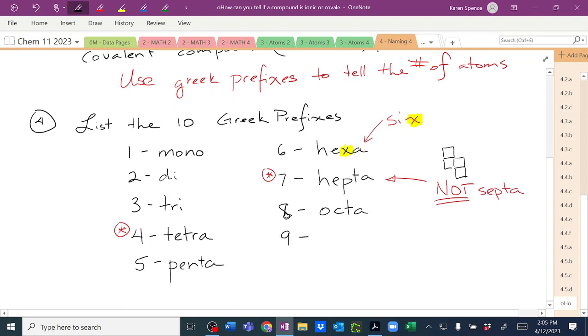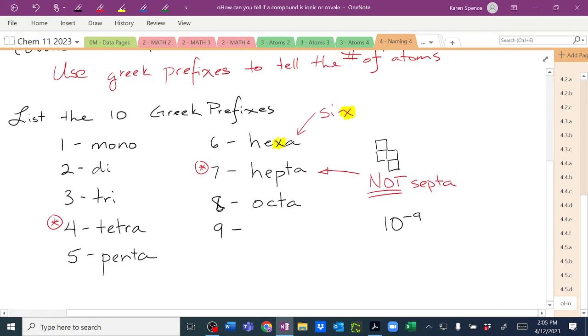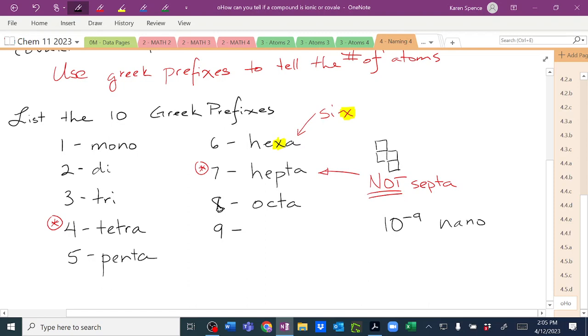9, sometimes people have problems with 9. It's almost like 10 to the negative 9. What's 10 to the negative 9? Mega, kilo, deci, centi, milli, micro, nano. But it's not nano. We have to take the na and the no and we have to swap them.